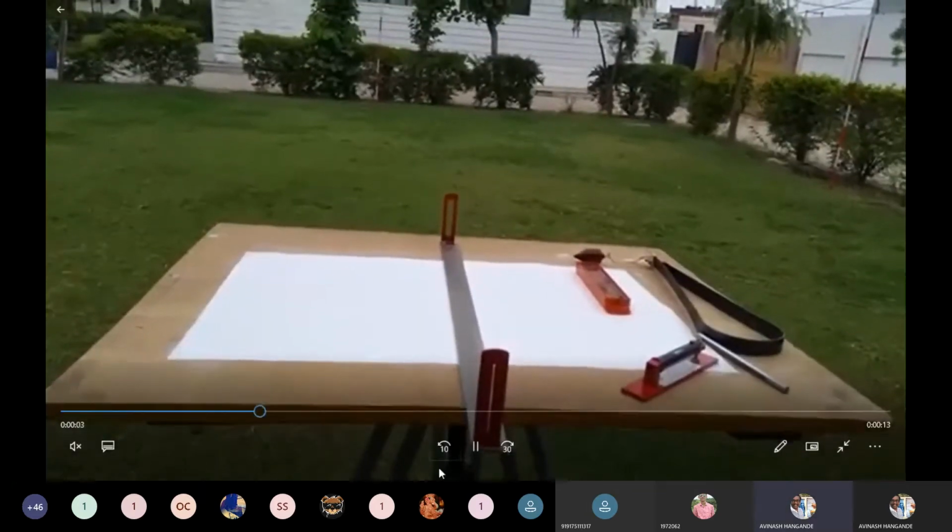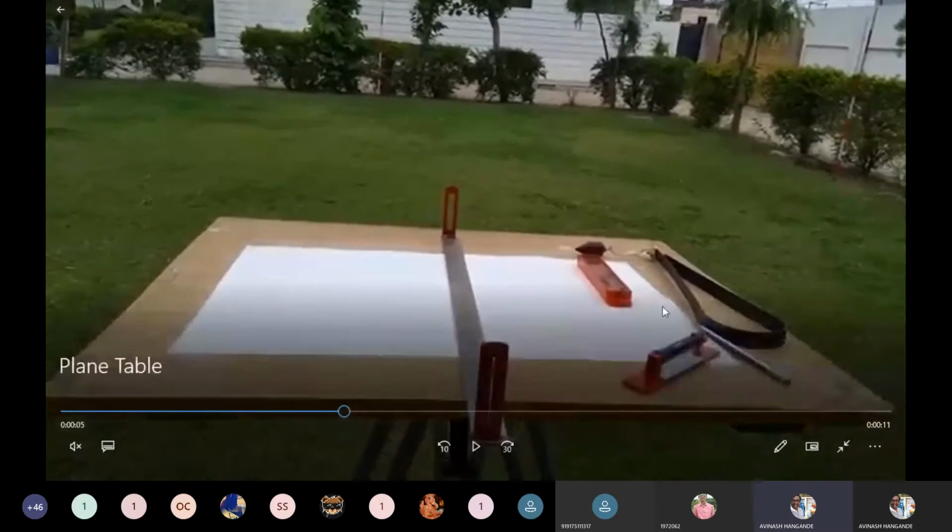Here we can see that this is a plane table, with all the accessories. Here is your alidade, simple alidade. Here we have the trough compass. Here we have the bubble tube. Here we have the U fork with plumb bob attached. Drawing accessories, drawing sheet.